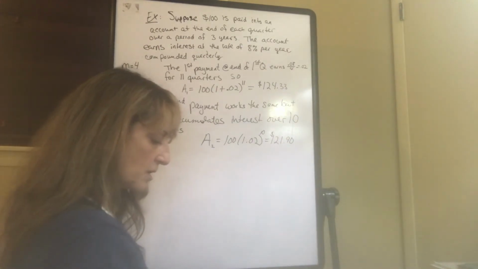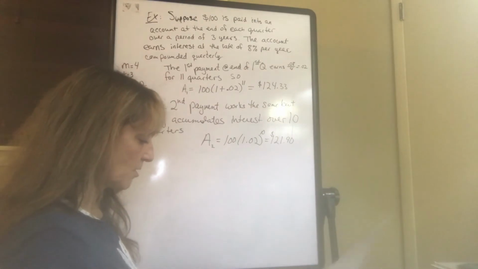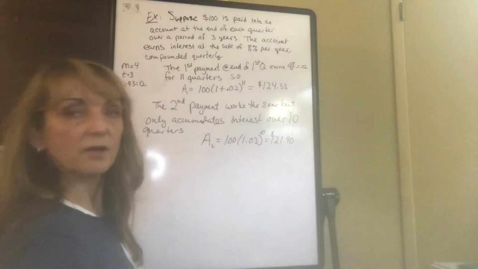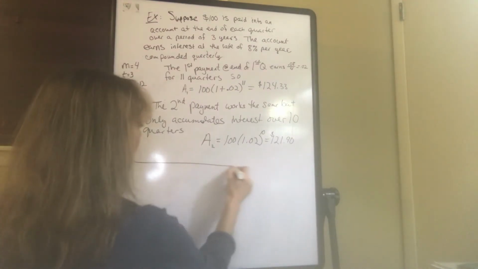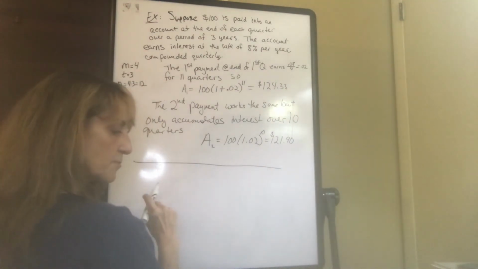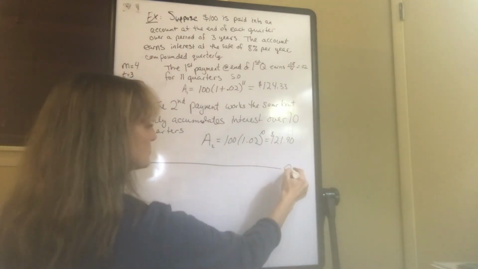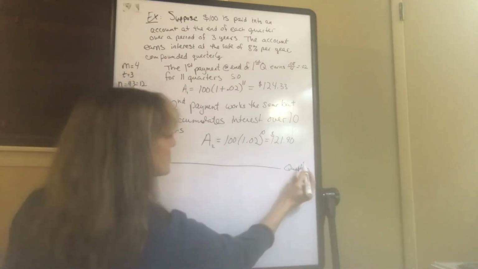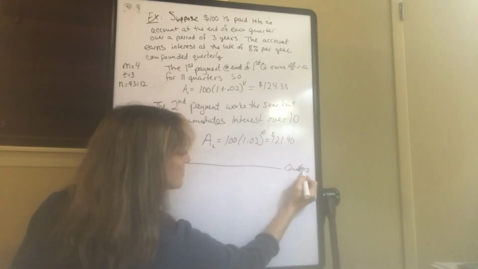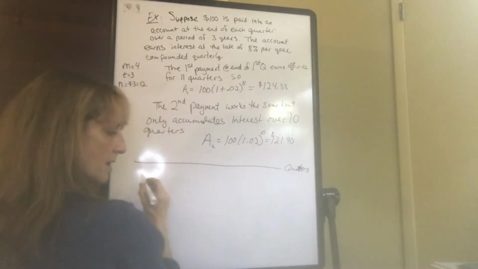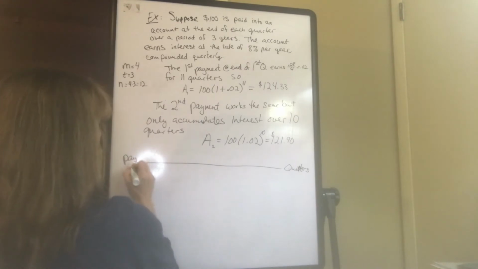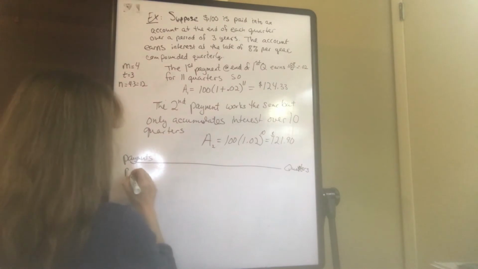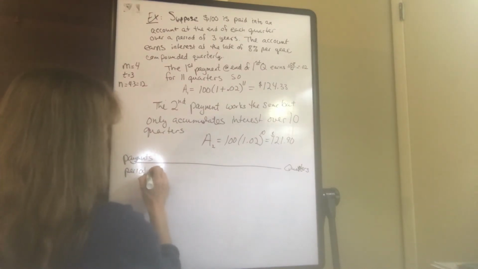Now we keep going doing this. One way to think about it is if we were to draw a line that represents the quarters, and think about the payments that are made and the periods of time.